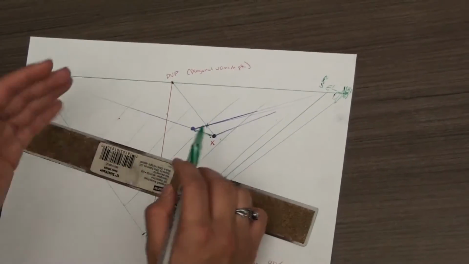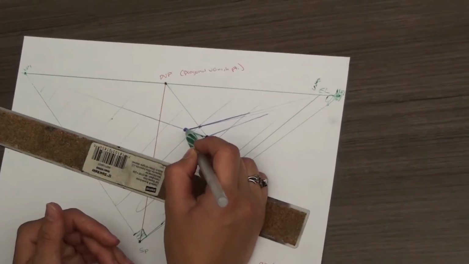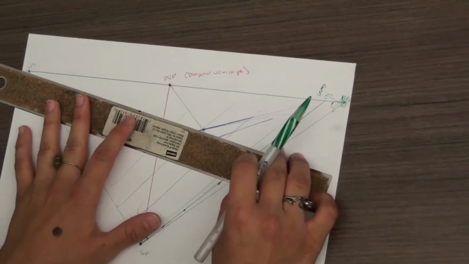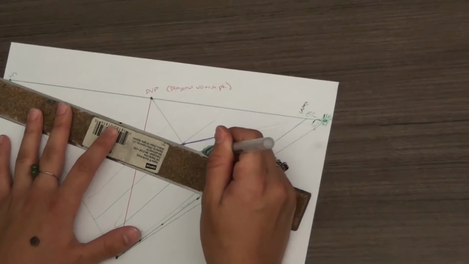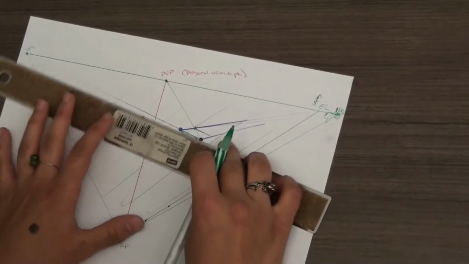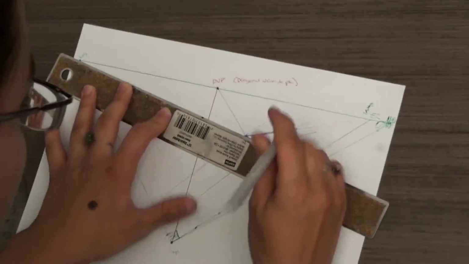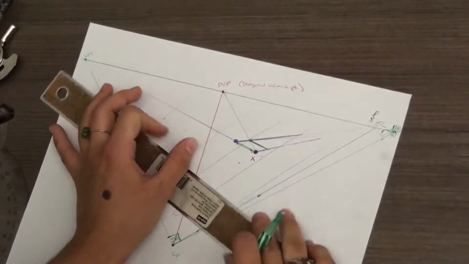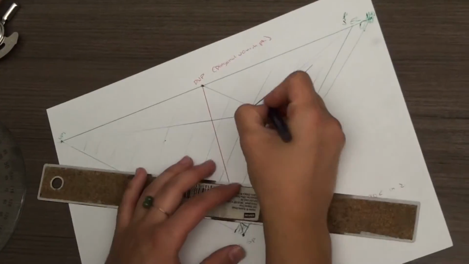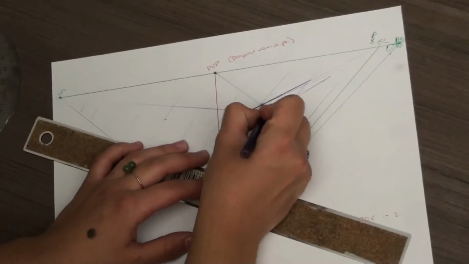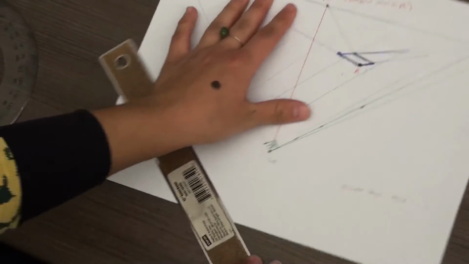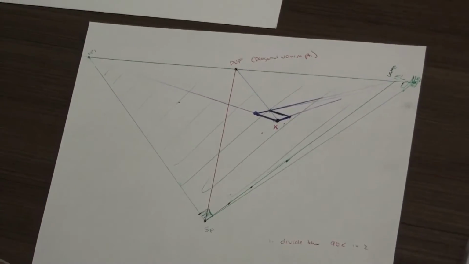The intersection between the DVP and a line of the square will guide us to the correct point that would make this a true square. So this is a true square in perspective.